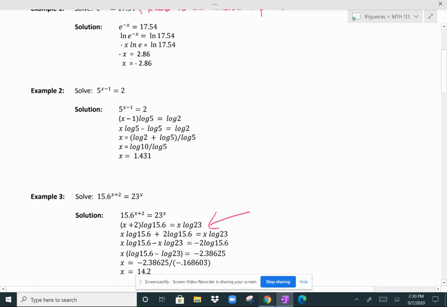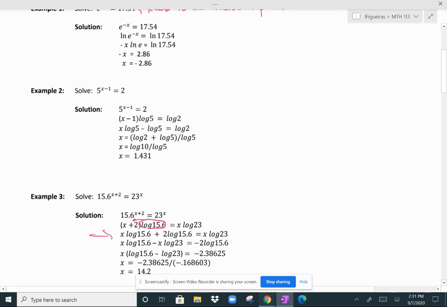So I took the log of both sides of the equation, which then allowed us to put these exponents in front of the logarithm. That's what you see on this next line. I have x plus 2 log of 15.6 equals x log of 23. Distribute the log of 15.6 across those parentheses, so you get this line here.